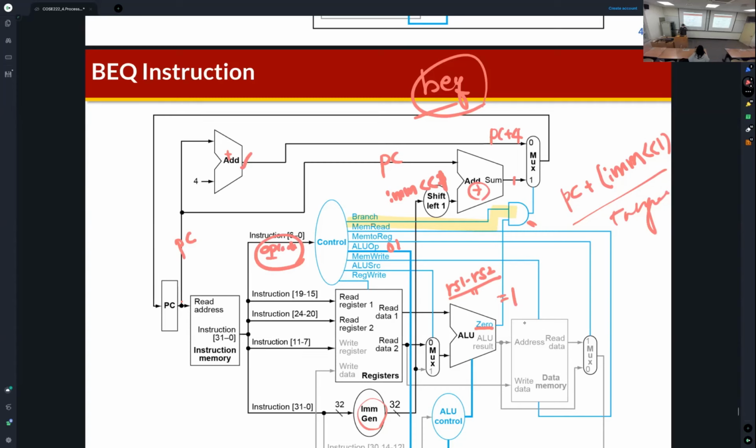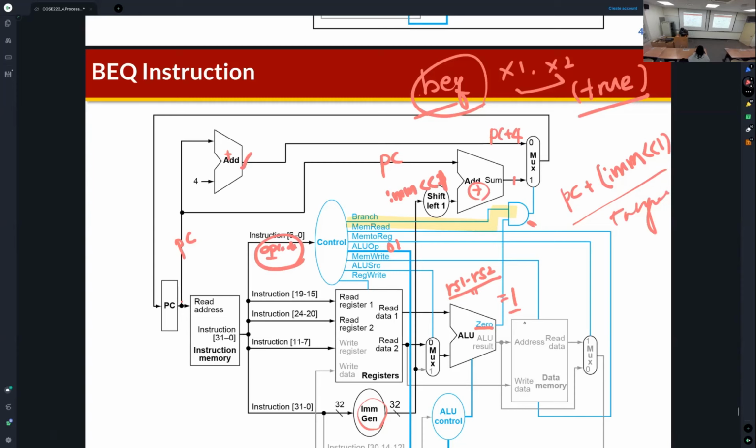So what does that mean? For BEQ x1, x2, the subtraction is performed. If the zero bit becomes 1, the condition of the branch instruction is true.